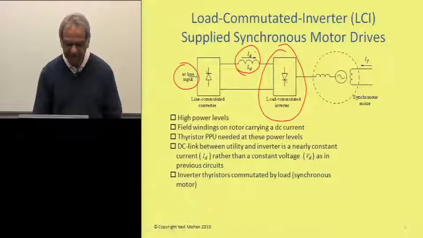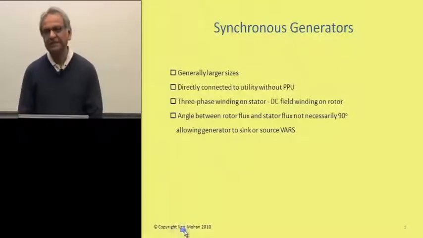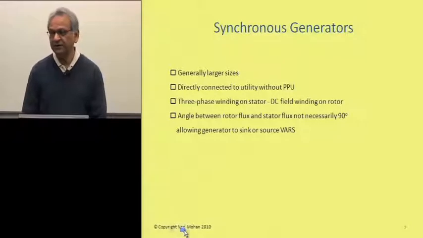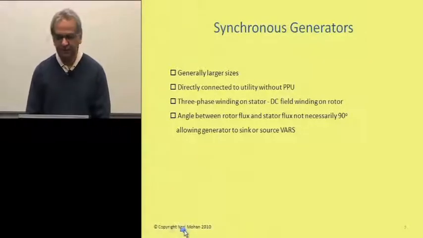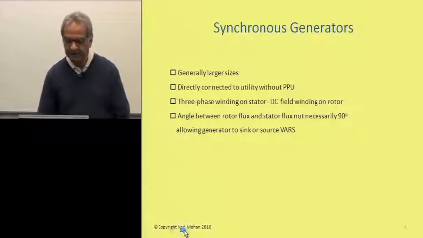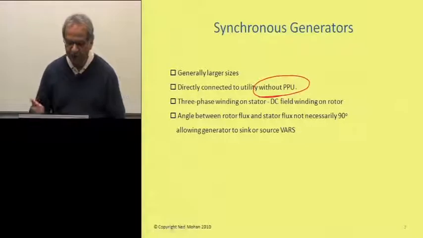So we'll leave it at that, and we'll go into synchronous generators, which are used in power plants in very large ratings, 100 megawatts, perhaps 500 megawatts, very large, and they're directly connected to the utility without any power processing unit, no power electronics.